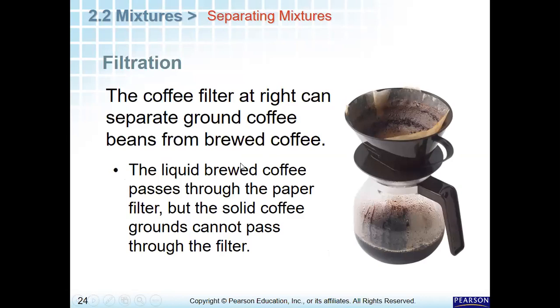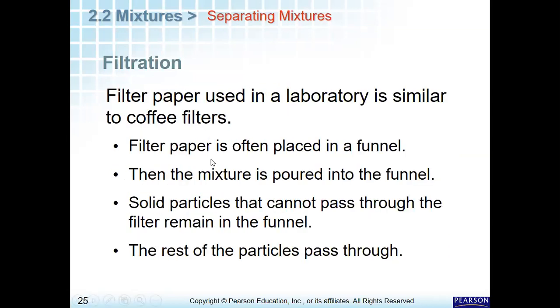For example, to filter coffee, you know that the brewed coffee can have a solid part and also the water, which is the liquid part. So filter paper can be used in the laboratory, similar to coffee filters too. The filter paper is often placed in a funnel, and the funnel is cone shaped, as you will see after.